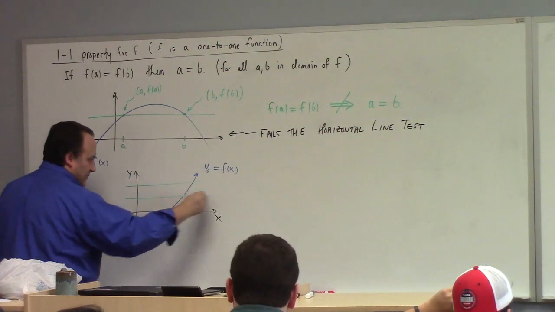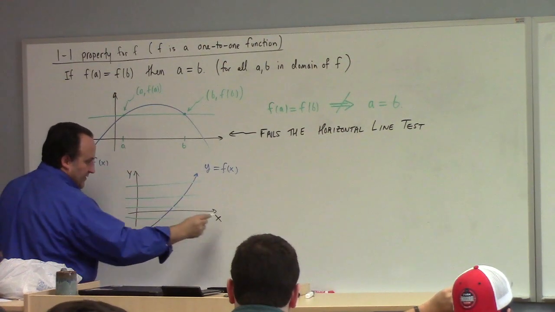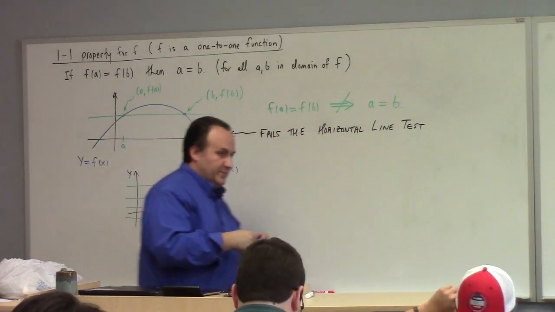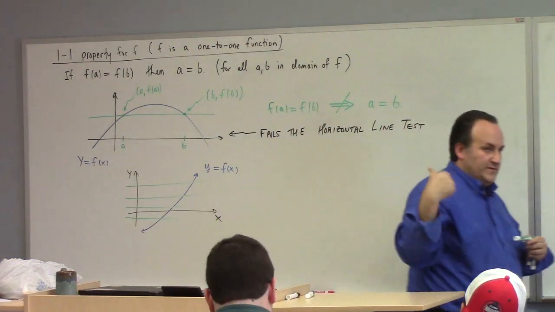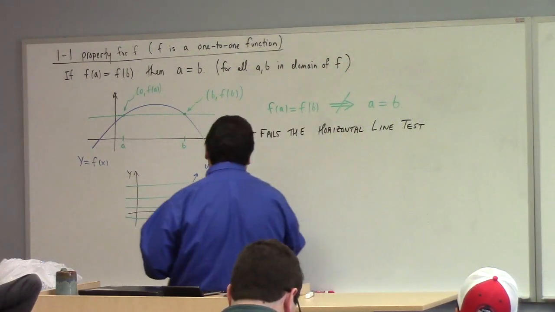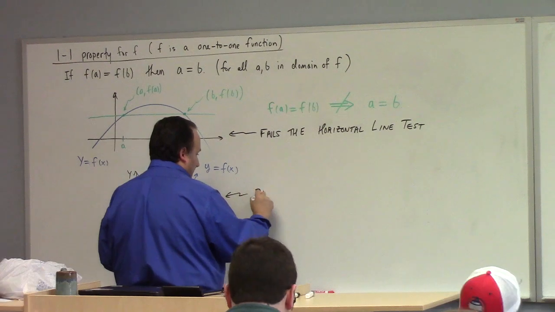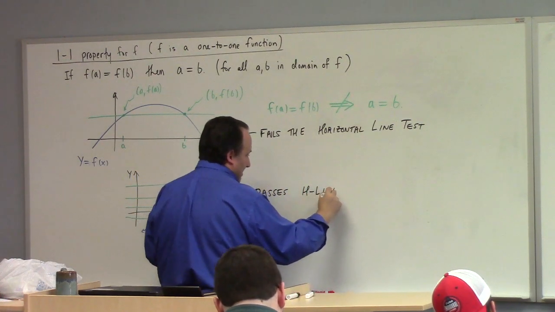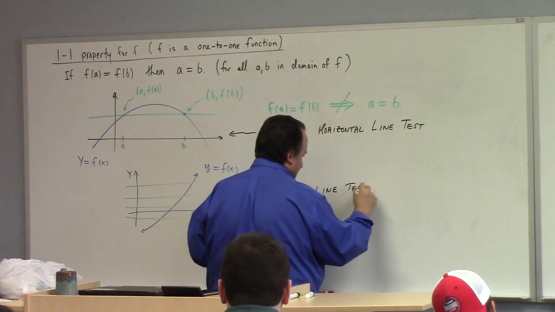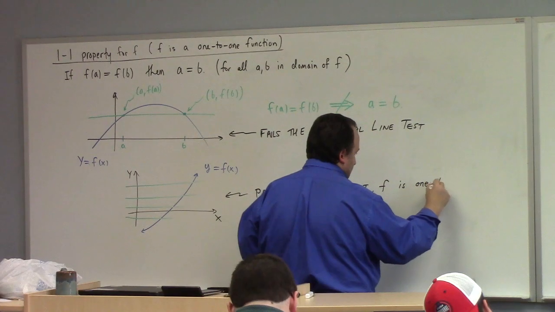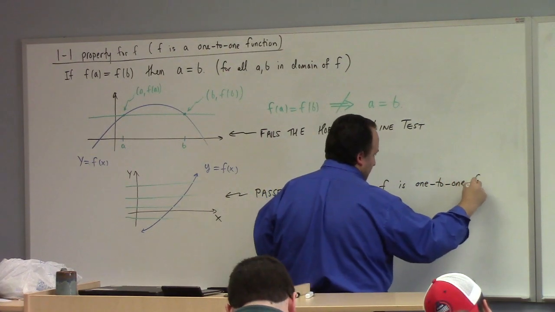Like this, just one point, just one point, one point. Each horizontal line hits the function's graph at just one point. That is a one-to-one function. It passes the horizontal line test. f is a one-to-one function.